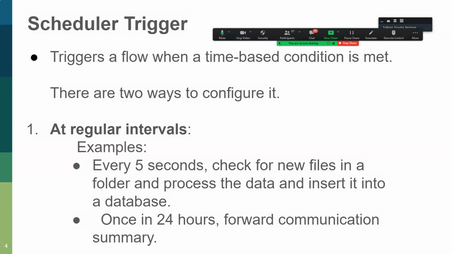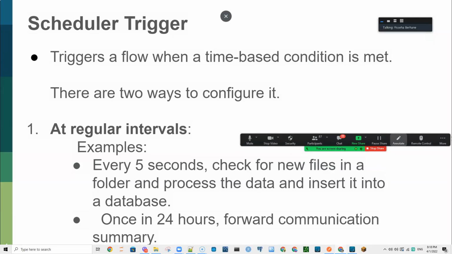I just want a communication summary once every day, so we can schedule this also. Scan all the new communications at the end of the day, and then email it to the people who have subscribed to that website, for example. So these are scheduling at regular intervals.